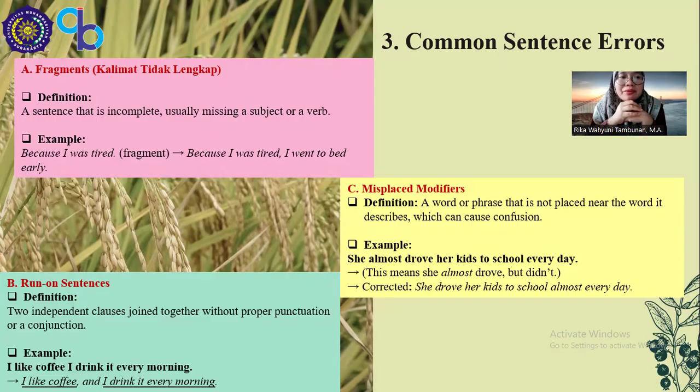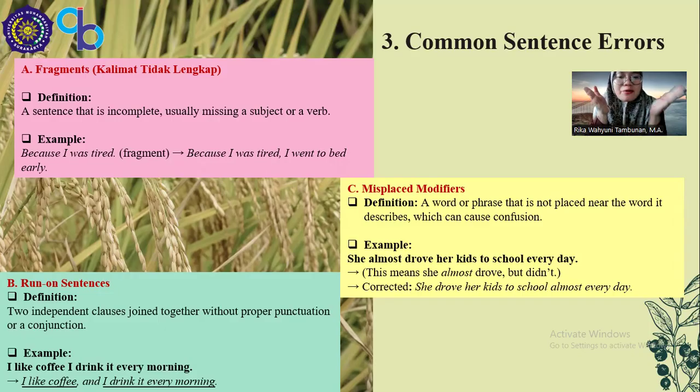Okay, so we go to the first common sentence error, which is fragments. So what is a fragment? A fragment is an incomplete sentence, usually missing a subject or a verb. Example: because I was tired. That's not a full sentence because we don't know what happened next.